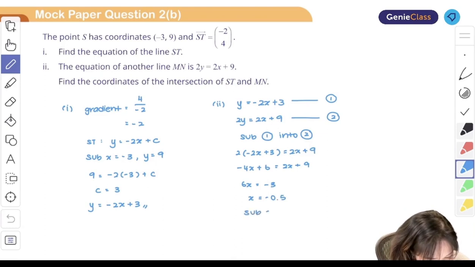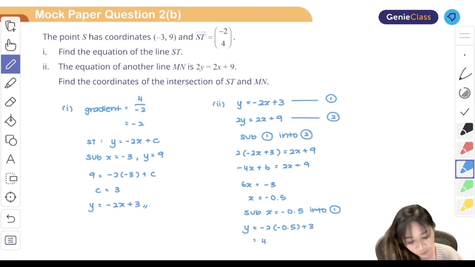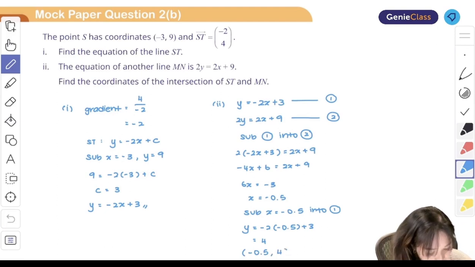Sub x equals negative half into equation 1. So I get y equals negative 2 times negative half plus 3. It's going to give me 1 plus 3, so y equals 4. So the coordinates of my intersection will be negative half, comma, 4. Okay?